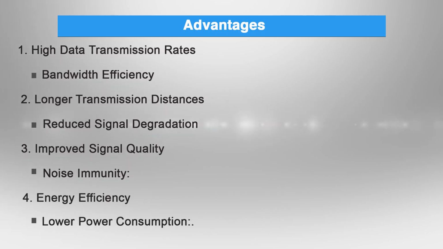The next advantage is energy efficiency, meaning lower power consumption. Optical modulation can be more energy efficient compared to electrical modulation techniques, especially in fiber optic systems, as light signals require less power to propagate over long distances.